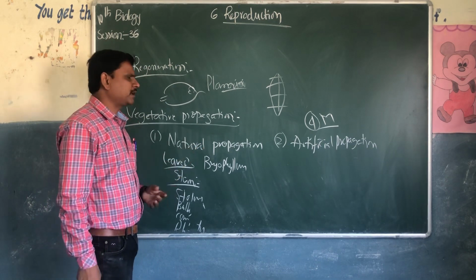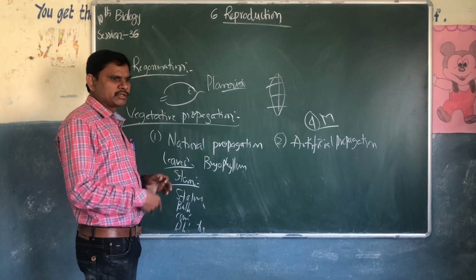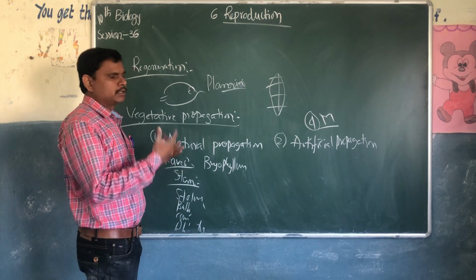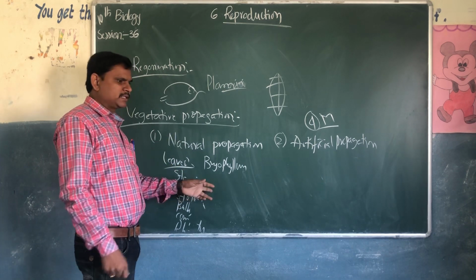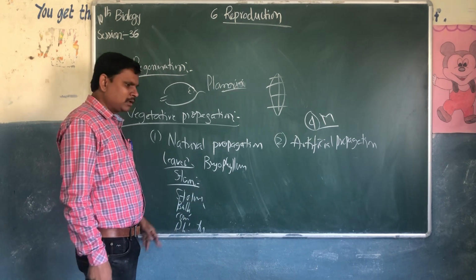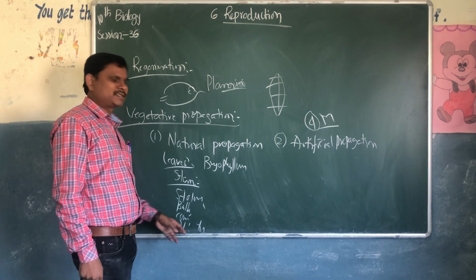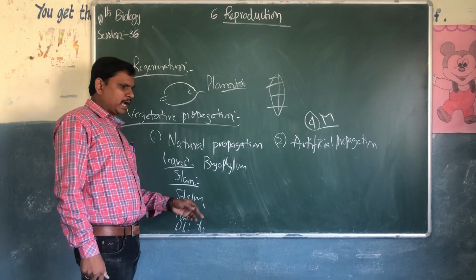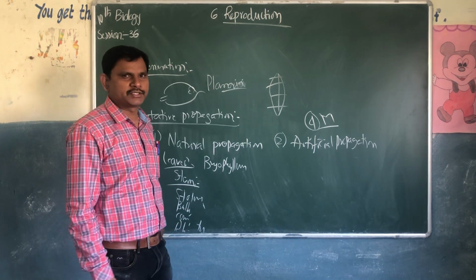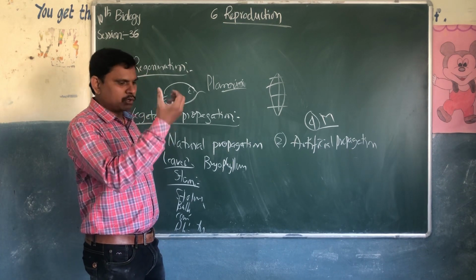Some stems are there. If you bury these stems into the soil, or they attach to the soil, the roots will grow and they grow independently. Some stolons like jasmine and strawberries, some bulbs like onions, some corms like colocasia, some rhizomes like ginger, some tubers like potato, and roots like guava.